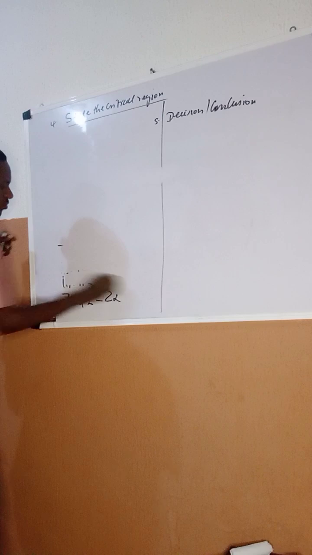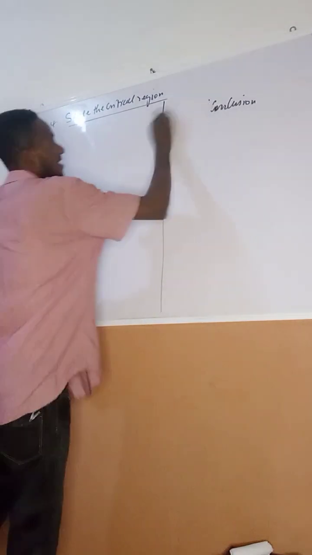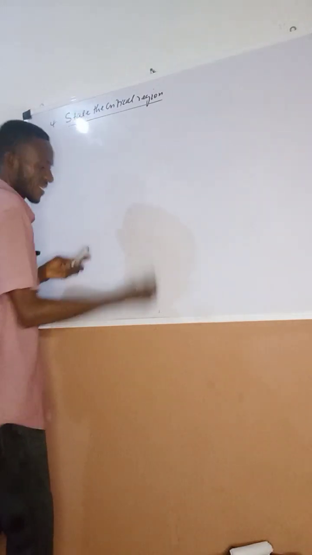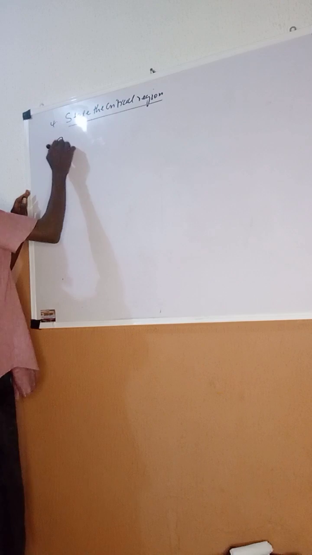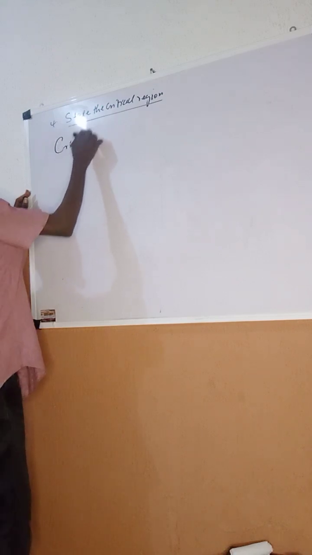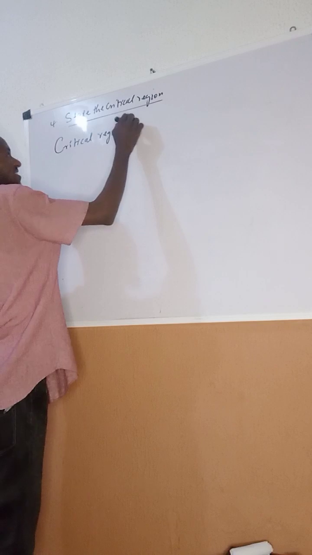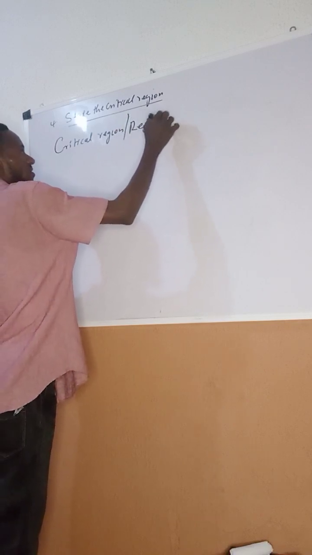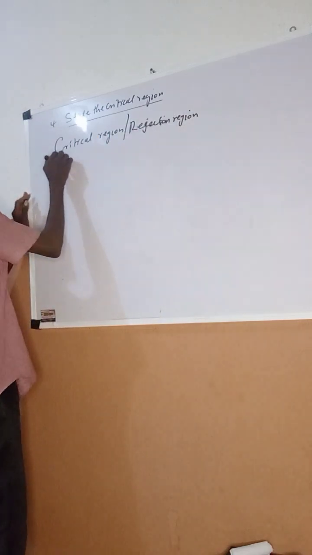So we talk about what we call the critical region, otherwise called rejection region, and then what we call the acceptance region.